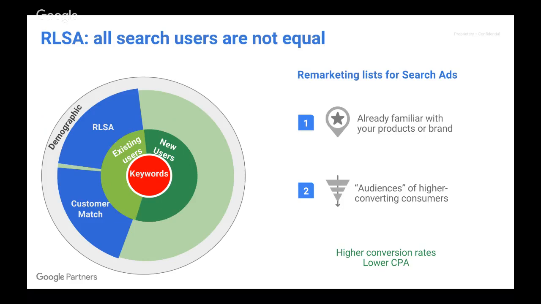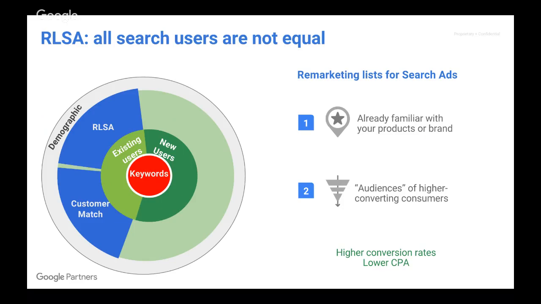So if someone who has already been on your website is typing those keywords again, they might not have found what they were looking for on other websites. So it's worth bidding more on search for those users who are part of your remarketing list, because they have twice the chance to convert compared to a new user.